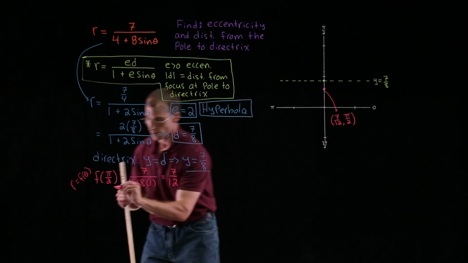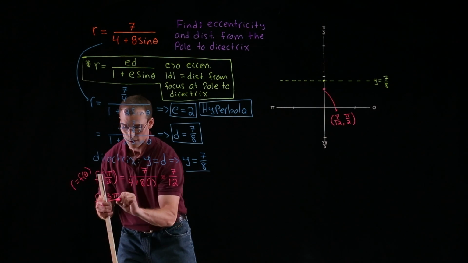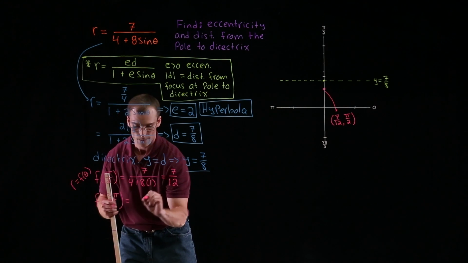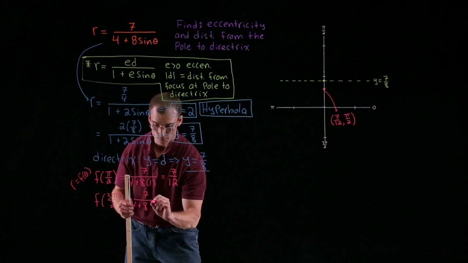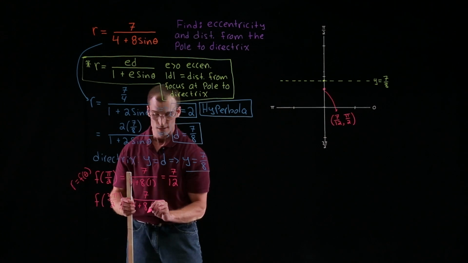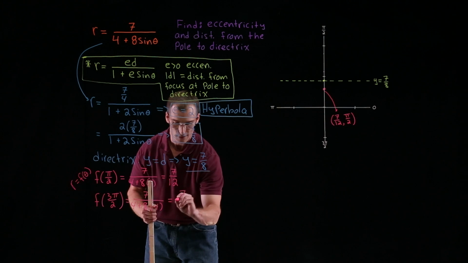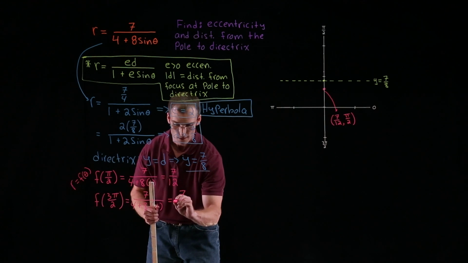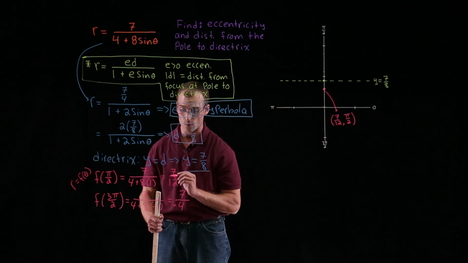Now we find f of 3 pi over 2, which is equal to 7 divided by 4 plus 8 times sine of 3 pi over 2, and sine at 3 pi over 2 is -1. So this is 7 over 4 plus -8, which gives us -4, so r is -7/4.